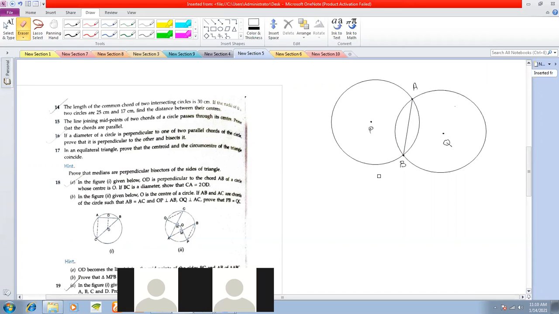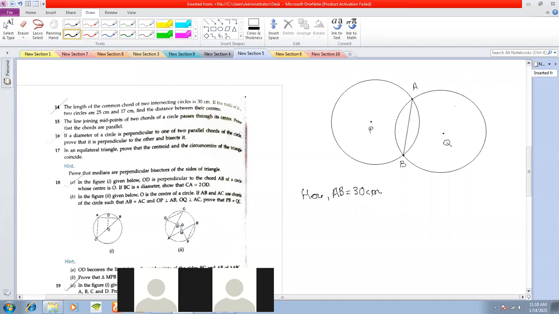So this kind of a chord is called a common chord of the two circles. And the length of this common chord is given to you as 30 centimeters. That means AB is given to you as 30 centimeters. So we write AB is equal to 30 centimeters. Fine. Radii of the two circles are also given.